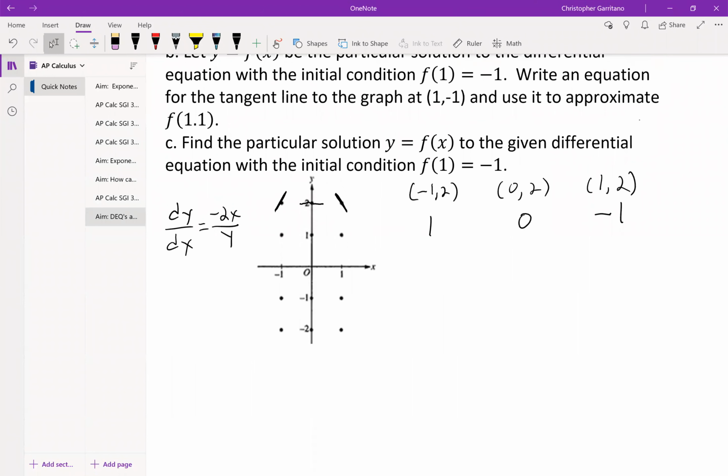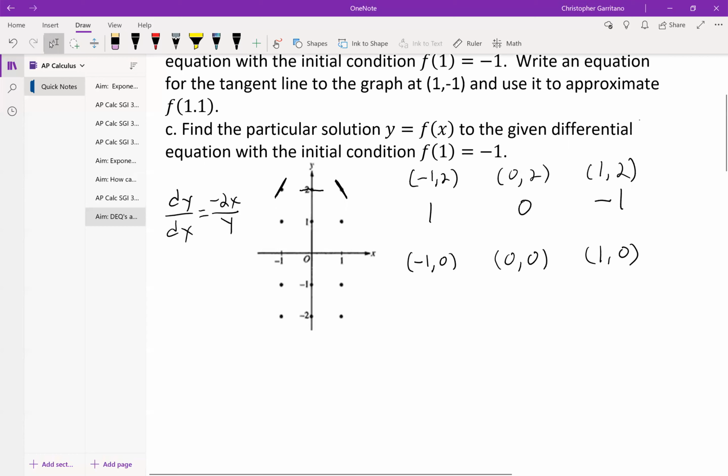Those are the points negative 1, 0, 0, 0, and 1, 0. Now, when I plug those points into the differential equation, you'll notice that since y is 0 for all these points, that means there's a 0 in the denominator.